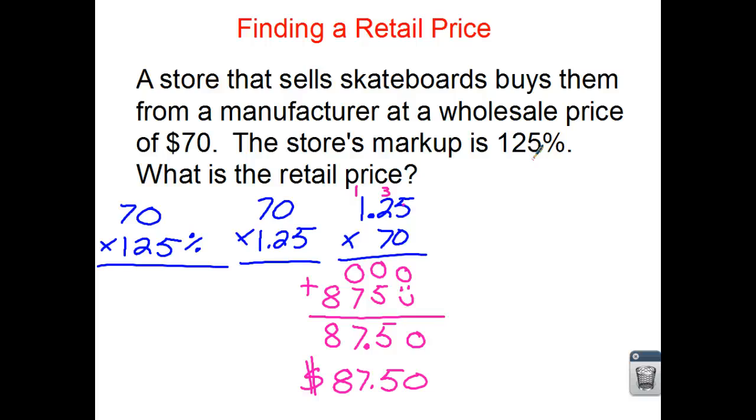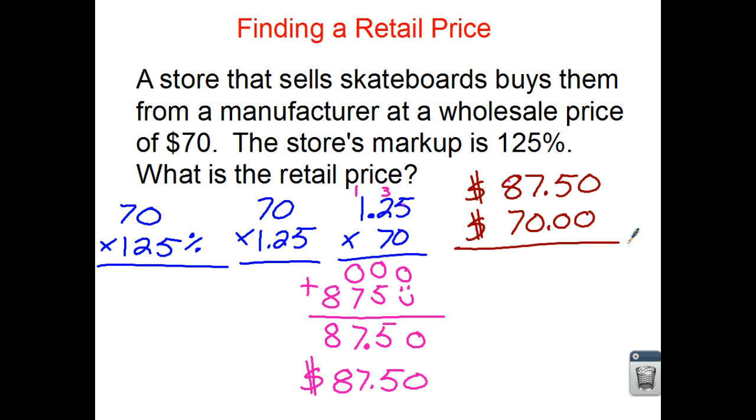But if I were to take that 87.50 now, let's get a different color here, and then add it to the wholesale price, which is what the manufacturer at the warehouse sold it to Sports Authority for, which was $70. What is the retail price? So when we go over to Sports Authority, how much is this thing really going to cost us?